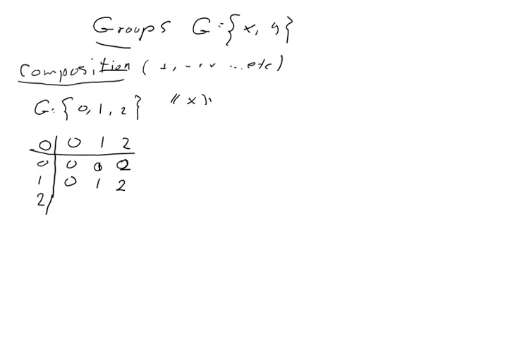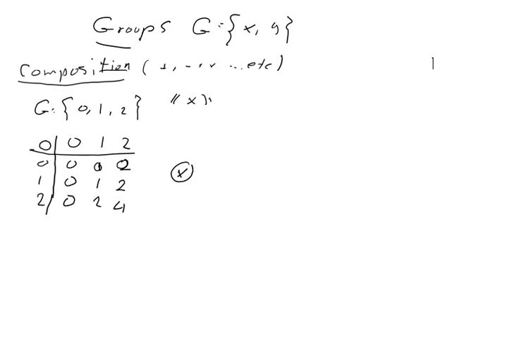And 1 is the identity. Then 2 composition 0 is 0, 2 composition 1 is 2, and 2 composition 2 is 4. It's multiplication, an operation of mathematics.